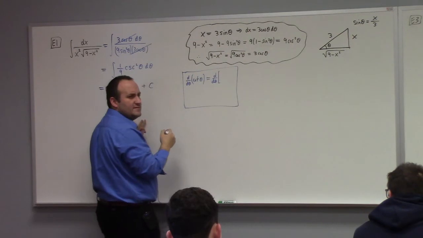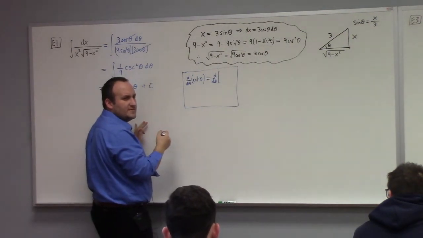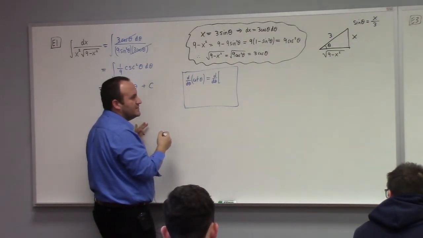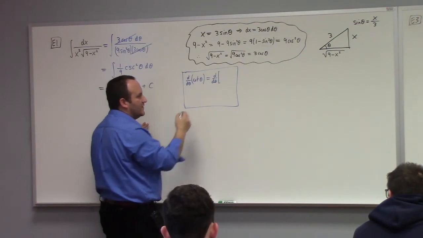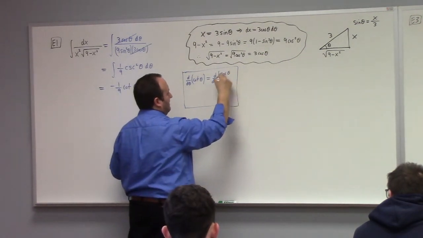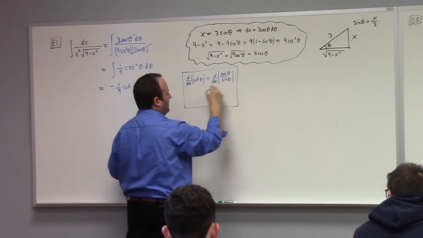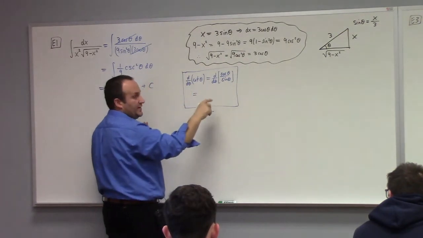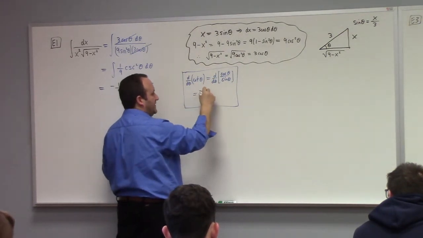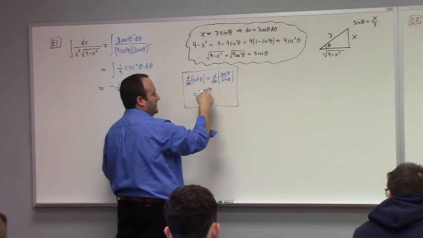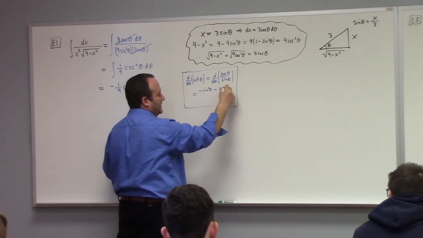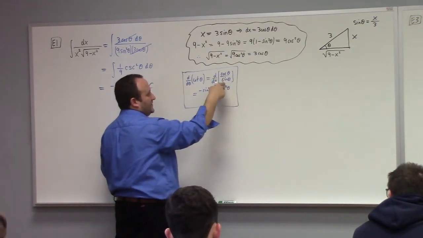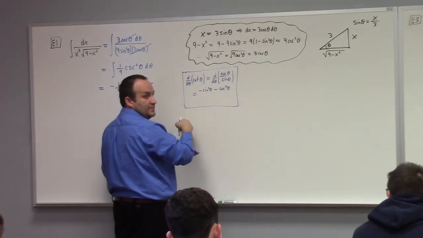What's cotangent? Yeah, cosine over sine. And so then what do? Quotient rule, right? So derivative of the top, which is minus sine theta, times the bottom, which gives me sine squared, and then I get minus cosine squared theta, because the derivative of the bottom is cosine minus the top, right?